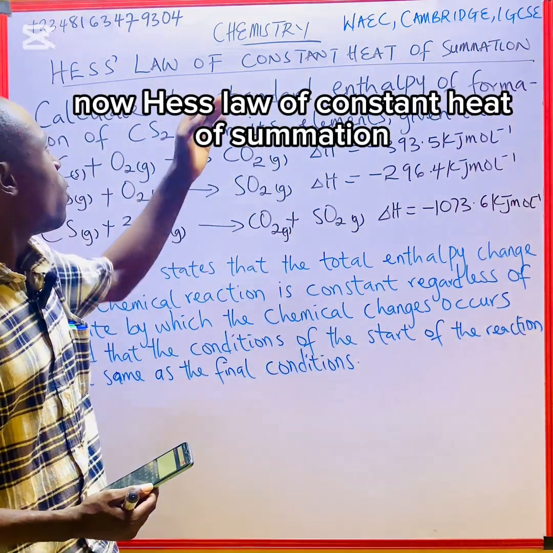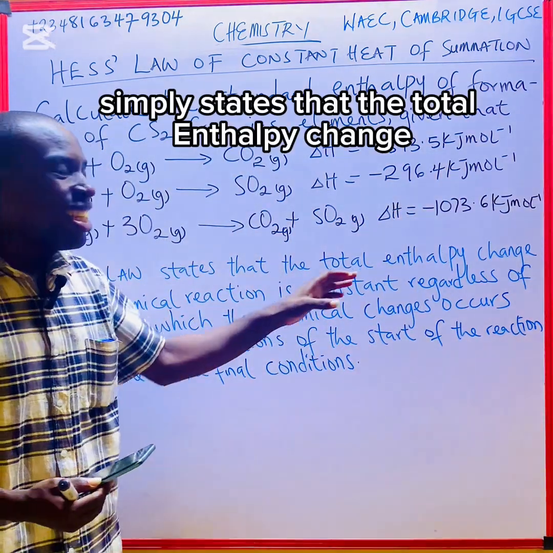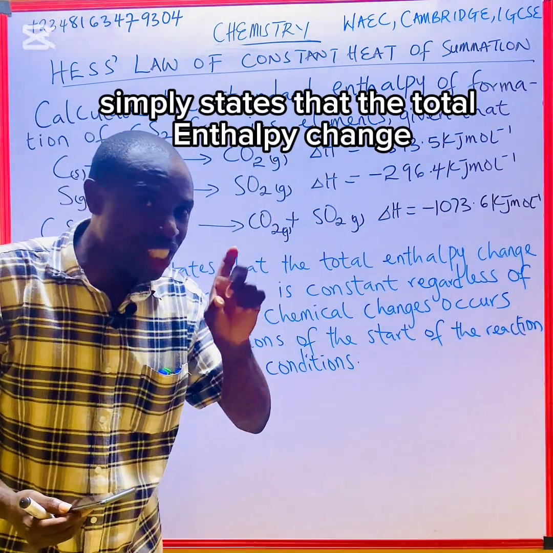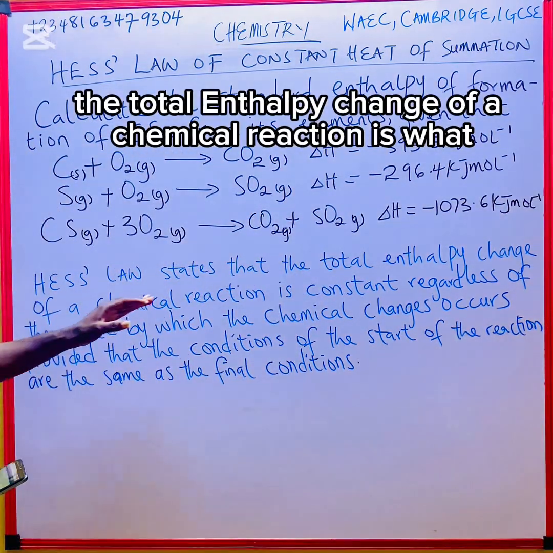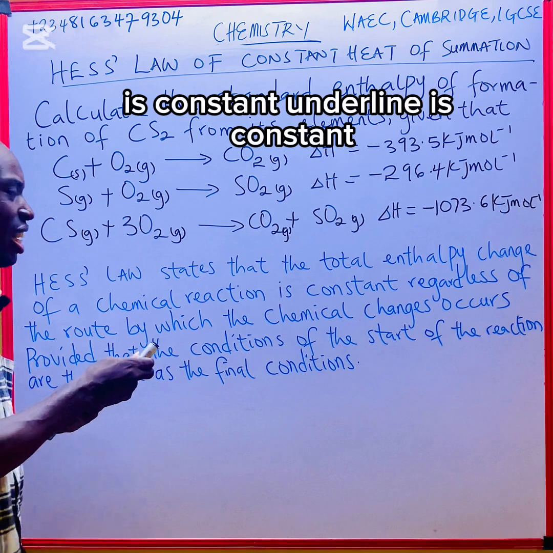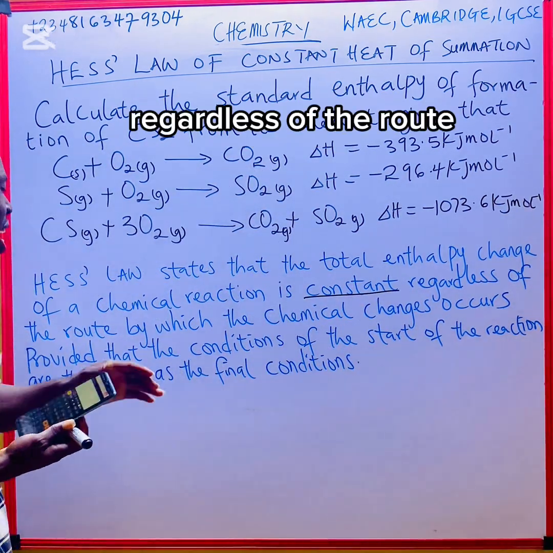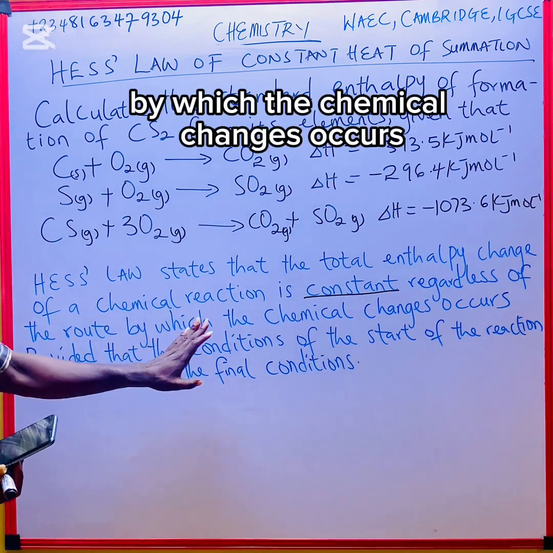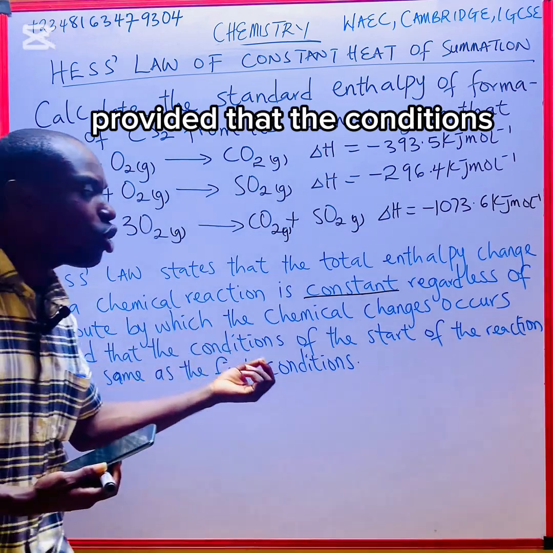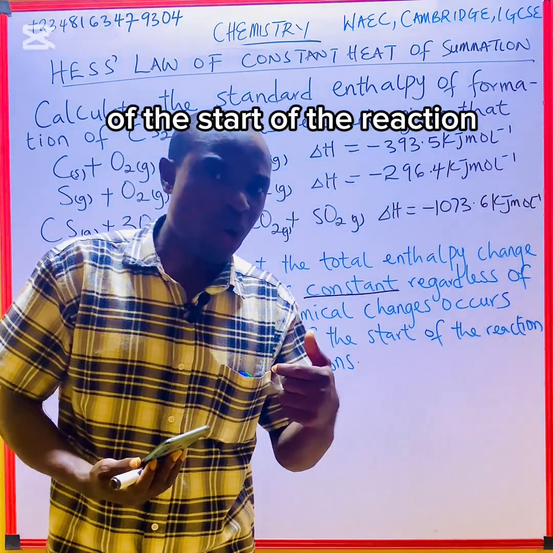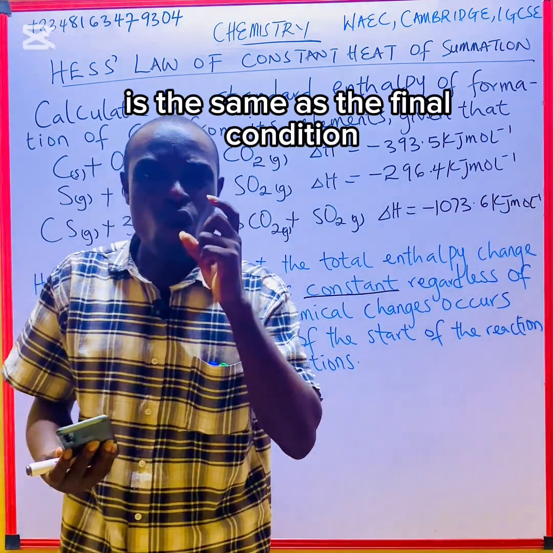Hess law of constant heat summation simply states that the total enthalpy change, take note, the total enthalpy change of a chemical reaction is constant, regardless of the route by which the chemical change occurs, provided that the initial condition of the reaction is the same as the final condition.